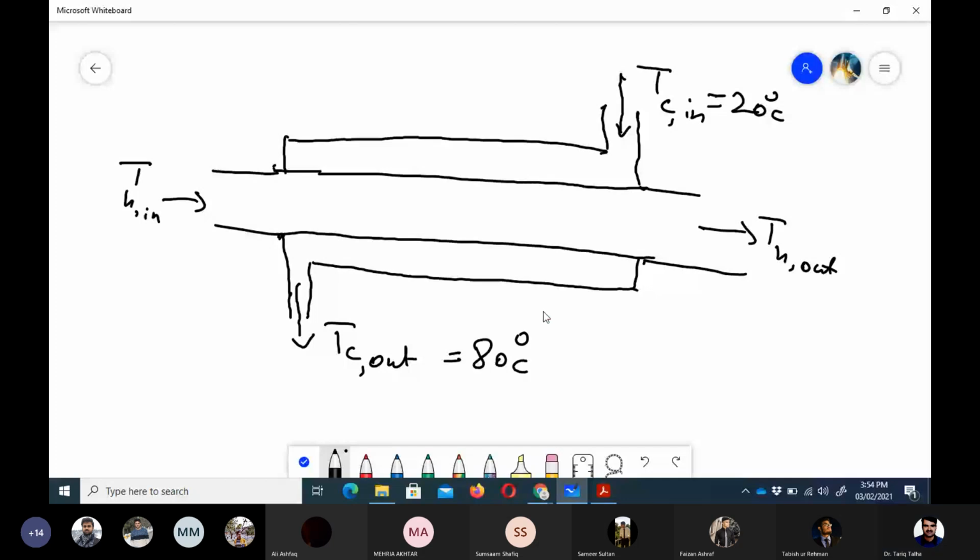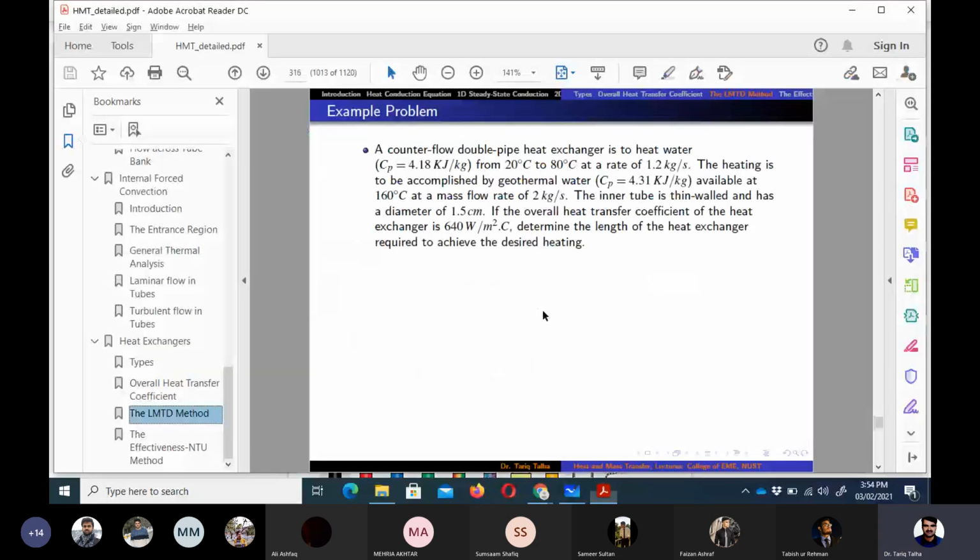And then geothermal water is to be used for that heating, so geothermal water is the hot fluid. In this case, its inlet temperature is 160 degrees centigrade.